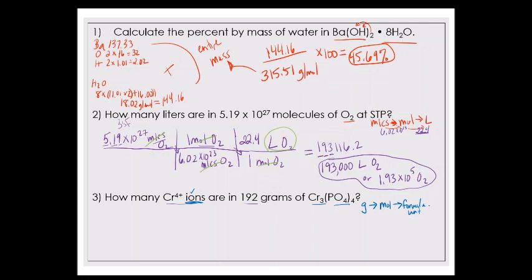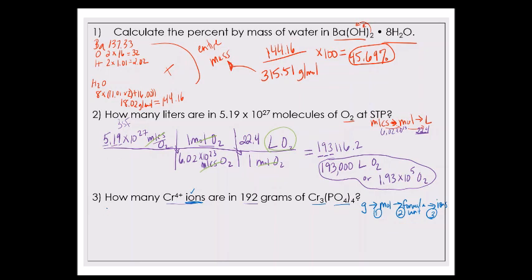Now, once we have the formula unit, we can break it up into its individual ions. So that's going to be where the other step comes in. This one's going to take 3 steps. 1 to do that one, 2 to do that one, and then 3 to finish it off for the ions.